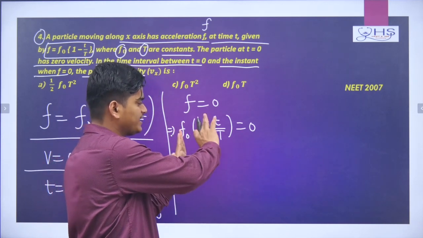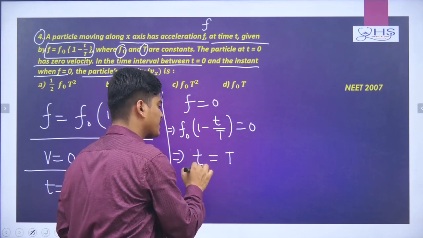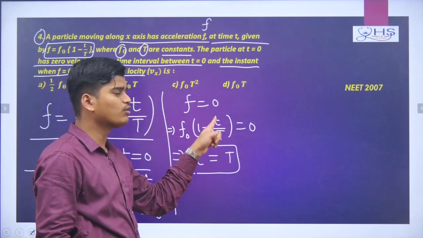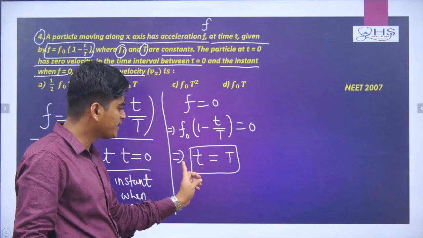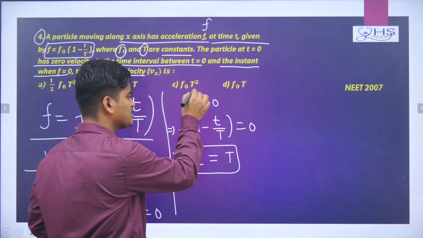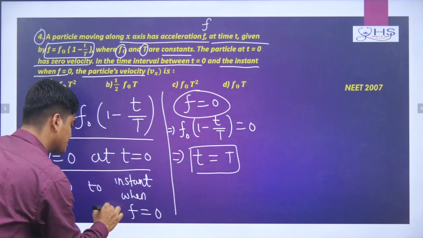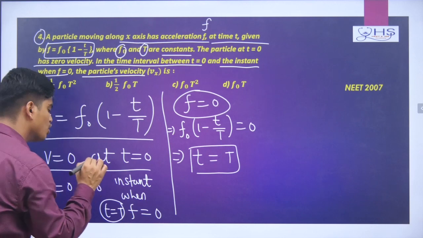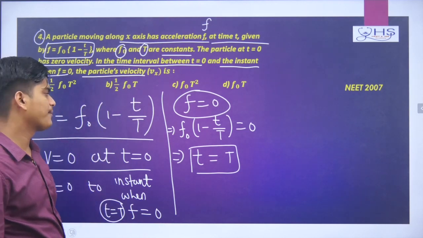Then taking t by T to that side, you get t equal to capital T. Or you can put t equal to capital T: t by T is 1, 1 minus 1 is 0. So for t equal to capital T, your acceleration becomes 0. That instant is nothing but capital T. So you need to find the velocity from t equal to 0 to t equal to capital T.